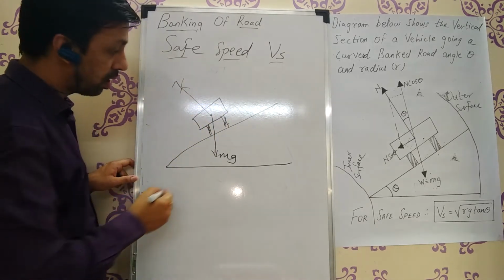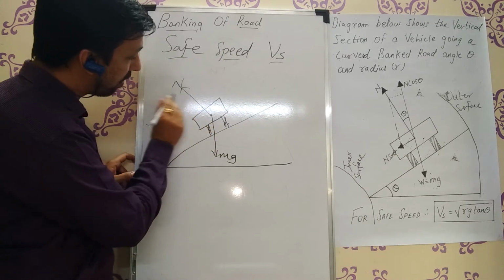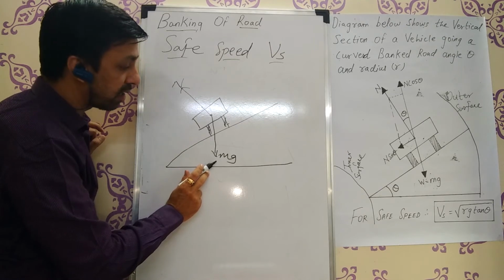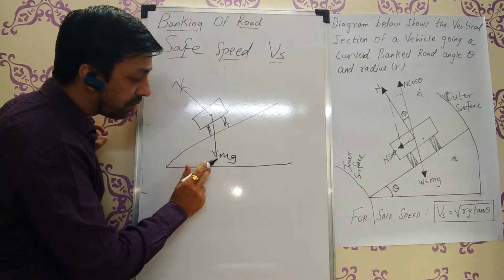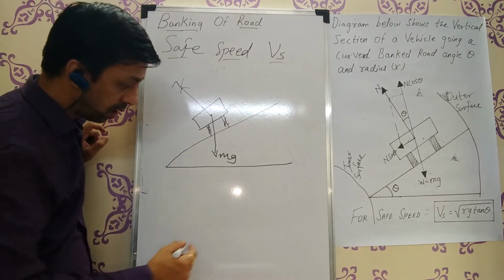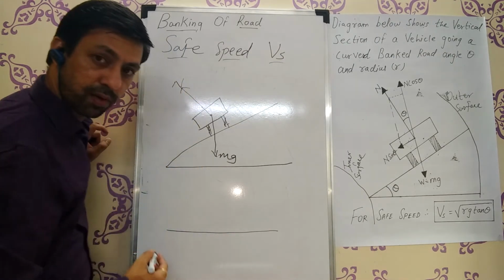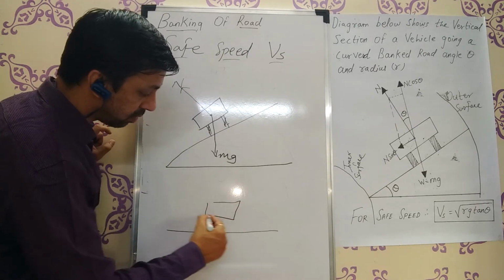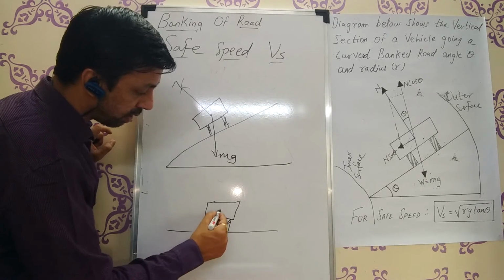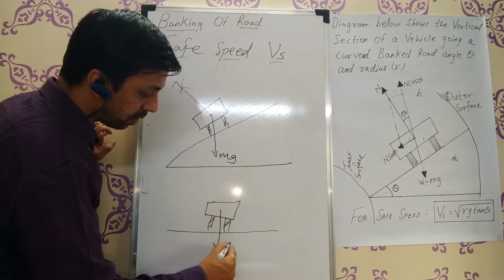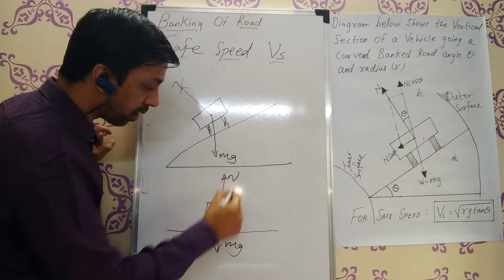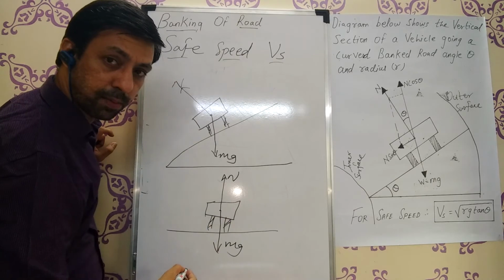Here the weight and the normal are not in one line. Like in the case of a straight road, the weight comes downward and the normal goes upward, so both are in one line.